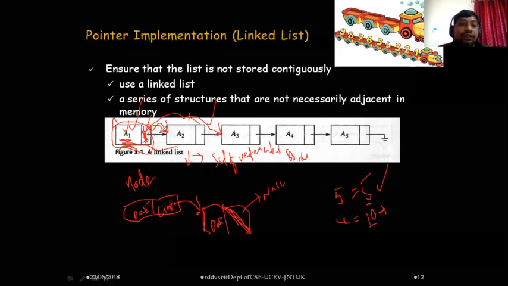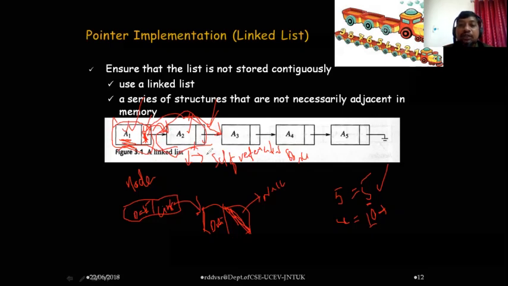You can free this location, so that the memory occupied by A2 can be used for some other program. So you can grow and shrink the list as and when it is required. That means we can dynamically create the list as and when we require. That is the big advantage with the linked list.